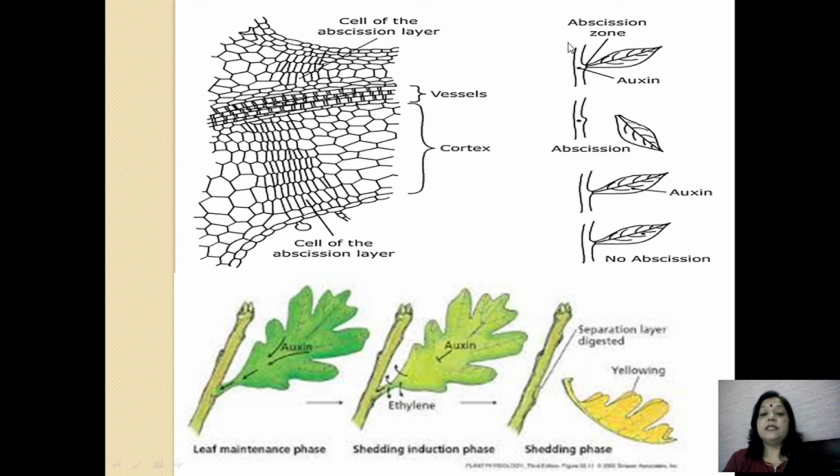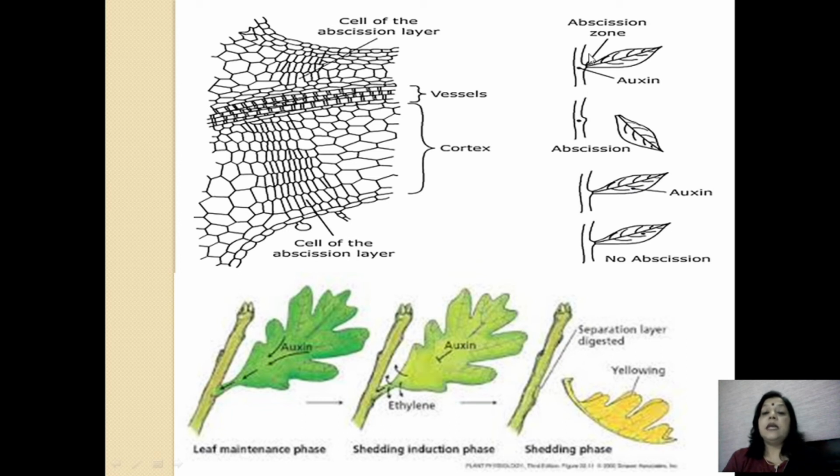In this picture, we can see the concentration of the auxin is high at the proximal end, and in this the concentration of the auxin is high at the distal end.